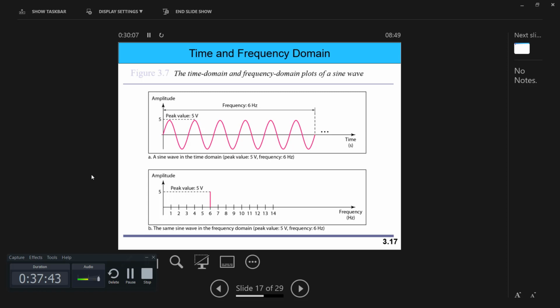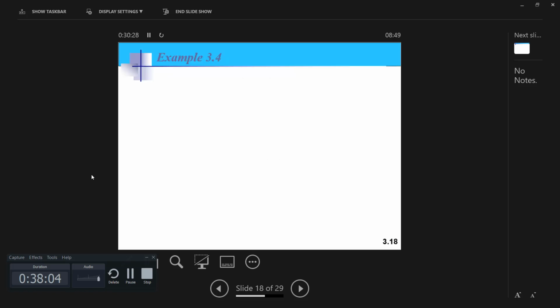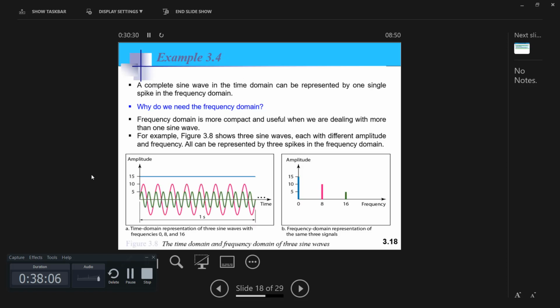So why do we need the frequency domain in this case? Why in communication do we talk about the frequency domain? Why don't we plot the signal in time and that's it? Why do we care about the frequency domain? Because of this example.